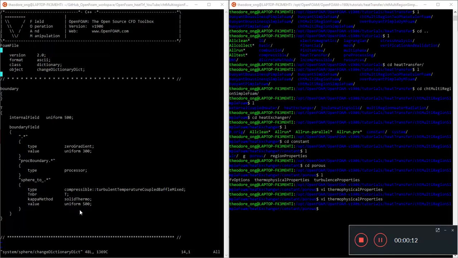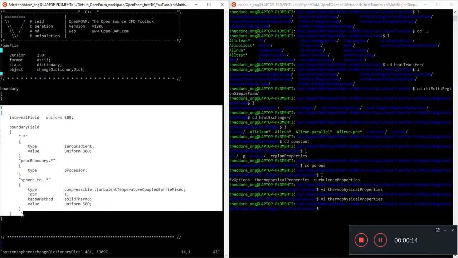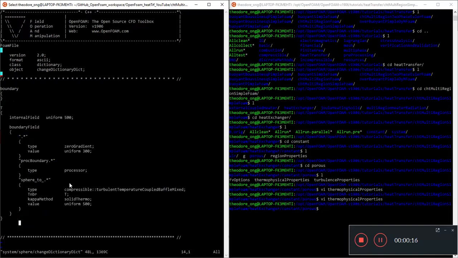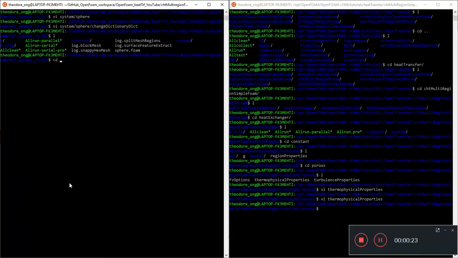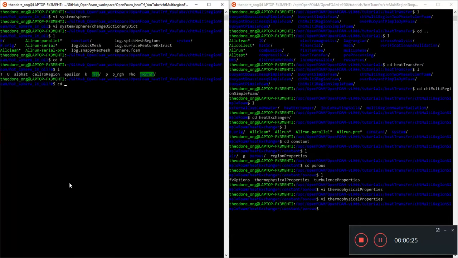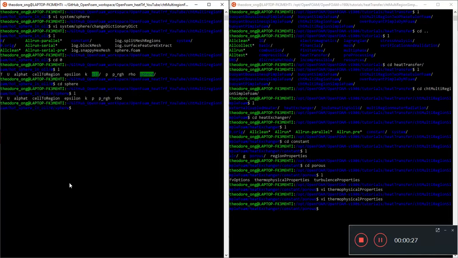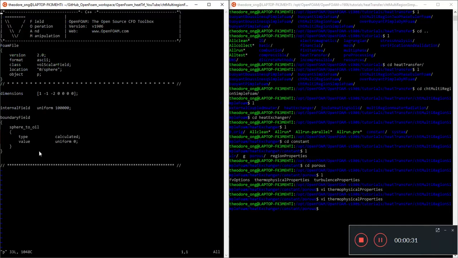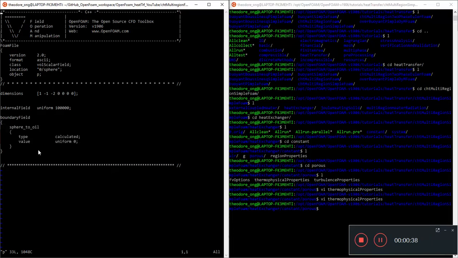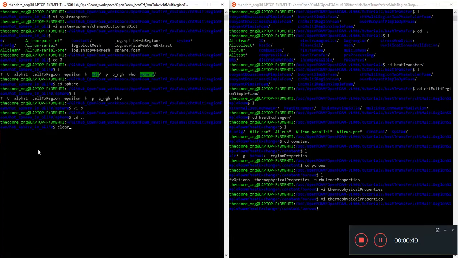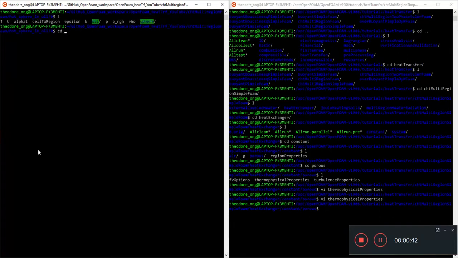So remember, last video I was telling you that the pressure for the solid-solid condition here isn't really that important. But for the sake of consistency, we can always do some change dictionary here. We're going to copy this over, the sphere to oil. I'm going to change it to 1 times 10 to the 5th, just to have a good initial condition for pressure.